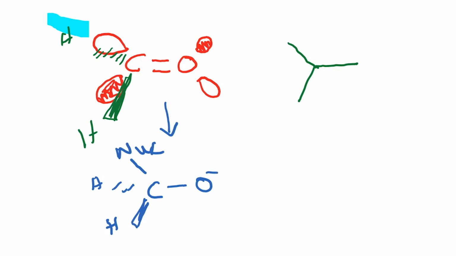Just to repeat, in order to form a bond here, we need to add electrons to an antibonding orbital, the pi star orbital, and once the pi star is filled, that results in breaking of the pi bond, and the electrons are moved towards the oxygen. This is how we try to understand how nucleophilic addition happens on a carbonyl compound.